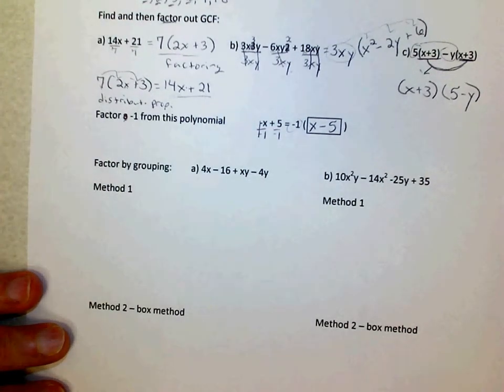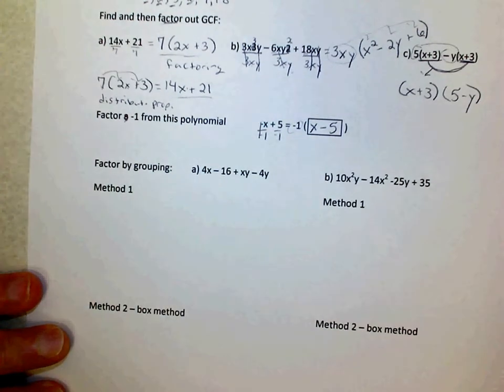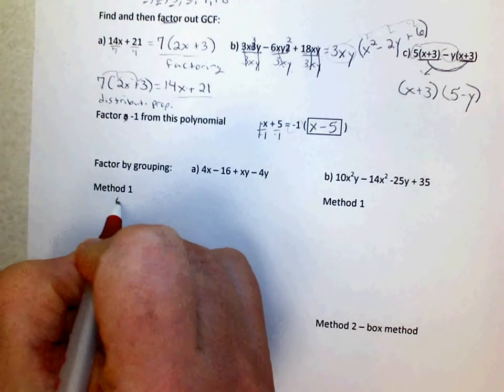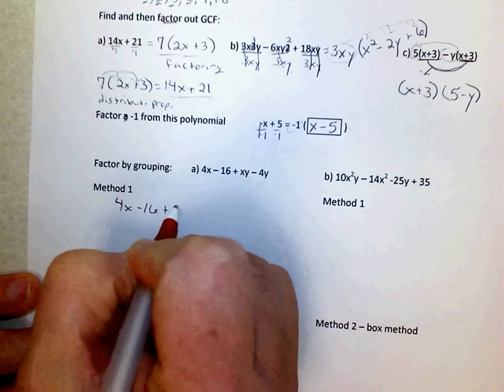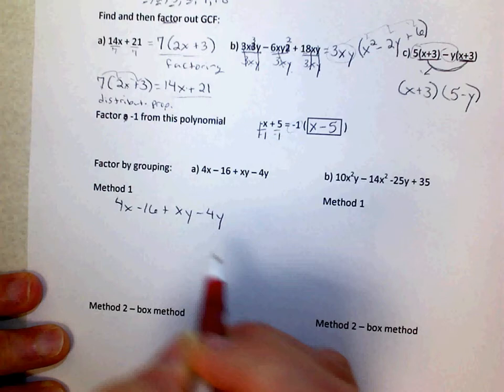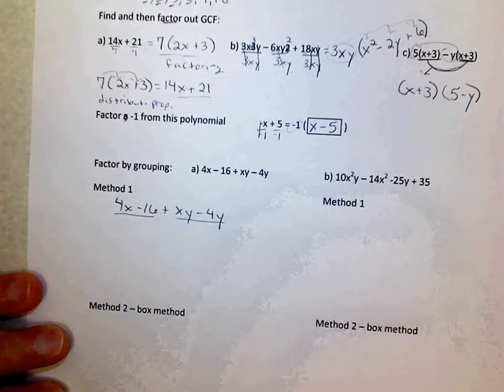Now, factoring by grouping. Your steps, according to method 1, and I'm going to rewrite this problem. Factoring by grouping means you group sets of 2.